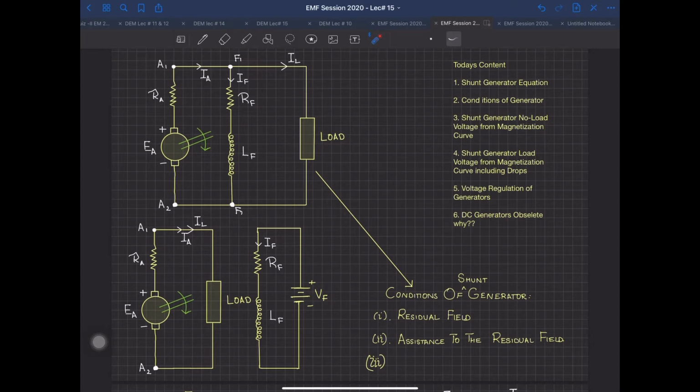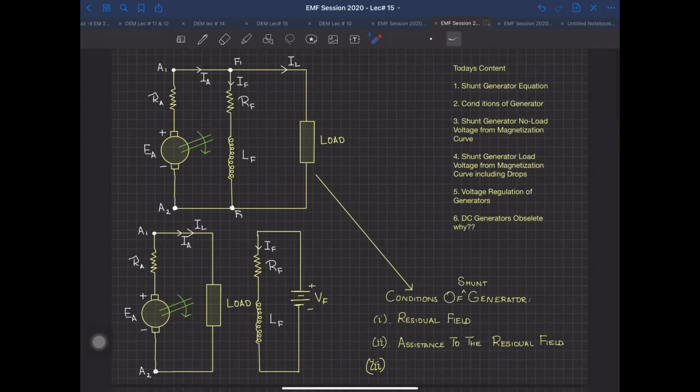Now, in the first place, we know that the EMF is equal to VBL. V is being provided by the prime mover, and B is the magnetic field density. Now, if B is not present initially, if you are giving mechanical energy, your B is not there because there is no field current initially, because field current is 0.